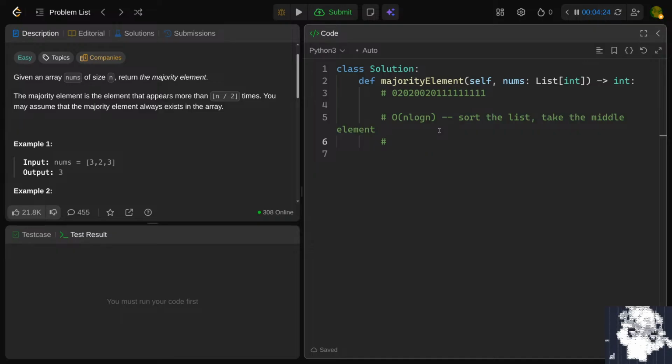But can we do something similar to this? Not sure.